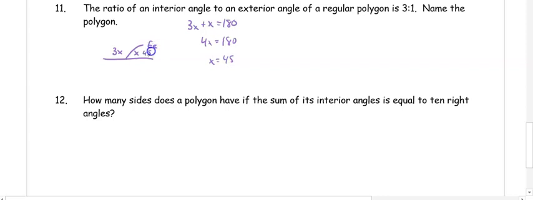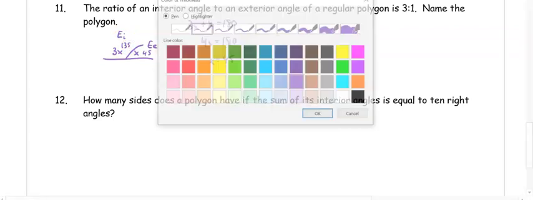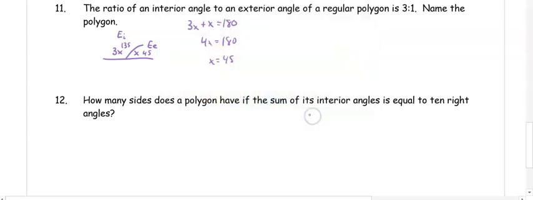So each exterior angle is going to be 45, each interior angle is going to be 135. So to find our number of sides then, we would have 360 over n equals 45. 360 equals 45n. When we divide by 45, we get 8. So this is an octagon.